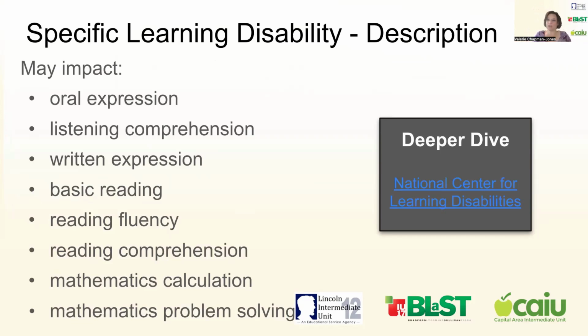So it can include oral expression, listening comprehension, written expression, basic reading, reading fluency, reading comprehension, mathematics calculation, and or mathematics problem solving. And please note there is a deeper dive on this slide.